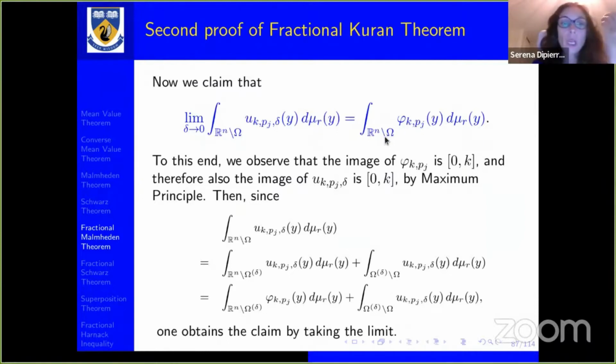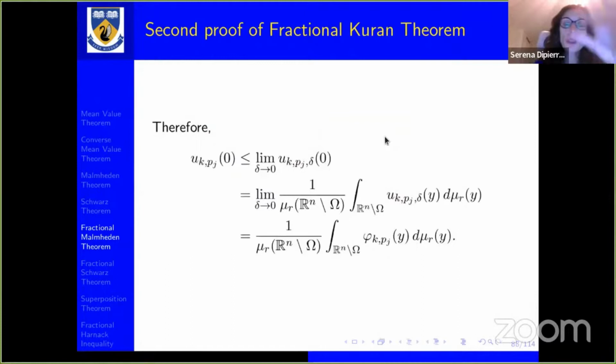Okay, so now I use these things together. Now UKPJ at 0 is below UKPJ delta at 0. So I take the limit in delta here. And then for UKPJ delta, I can use the mean value theorem.